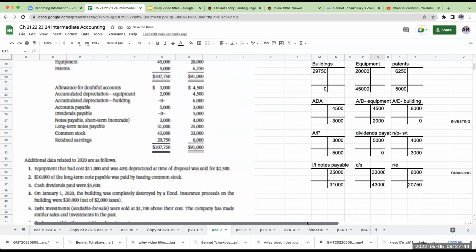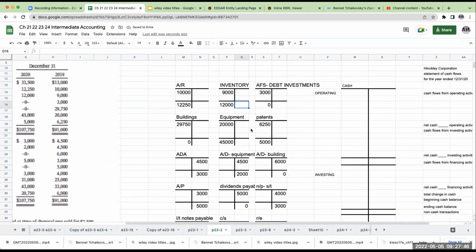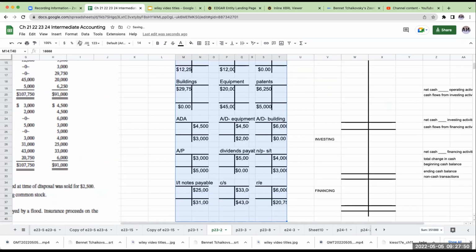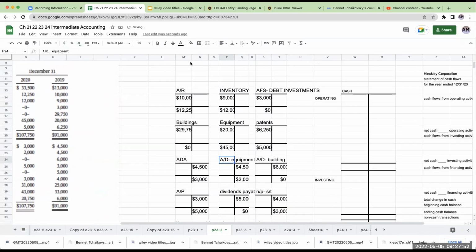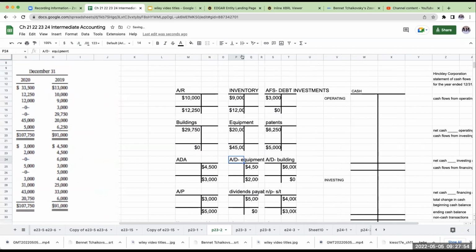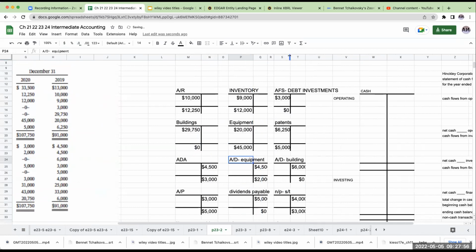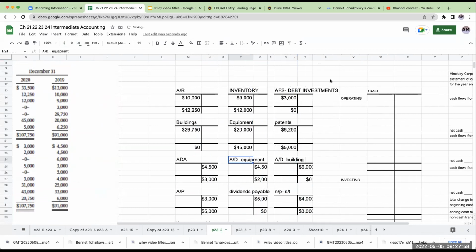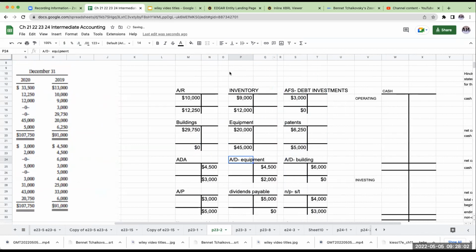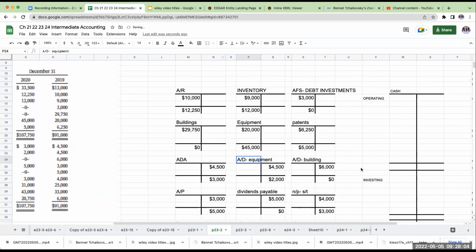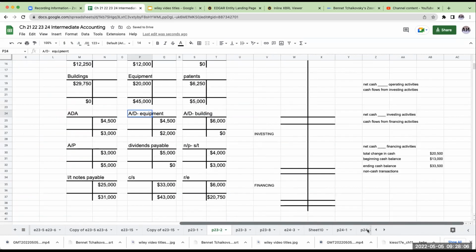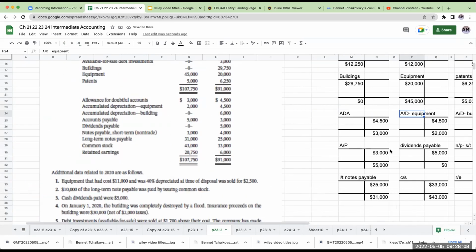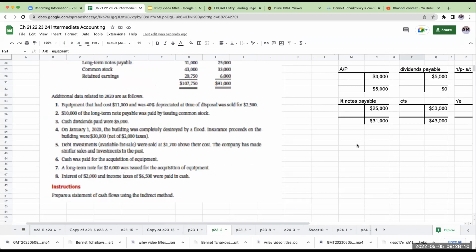Why did I go through and do that? So when I'm setting up the cash flows, I have a very specific methodology that I like to use. My first step is to create the skeleton of the cash flows. So what is my target? Well, my target is I have a change in cash, at least in this question, of 20,500. And my next step over here is to start going through the additional information.